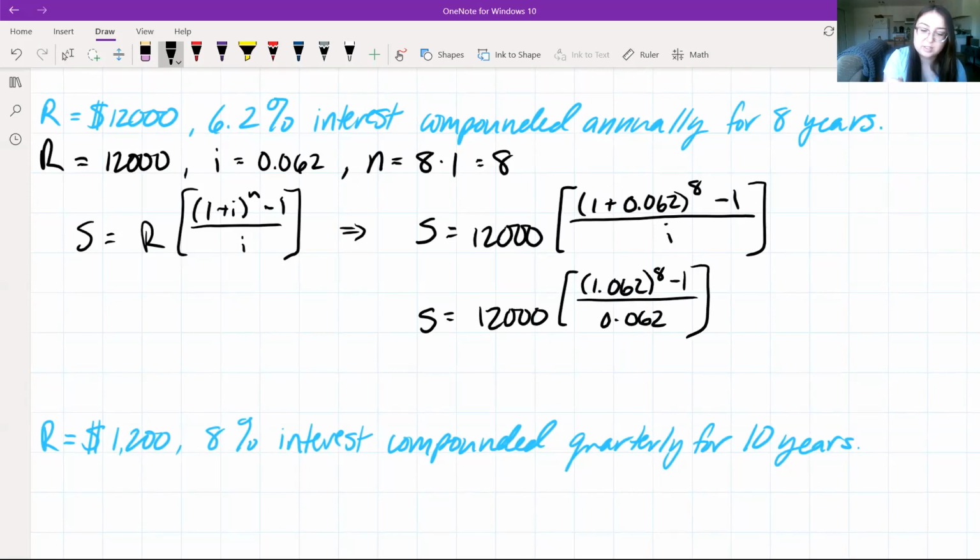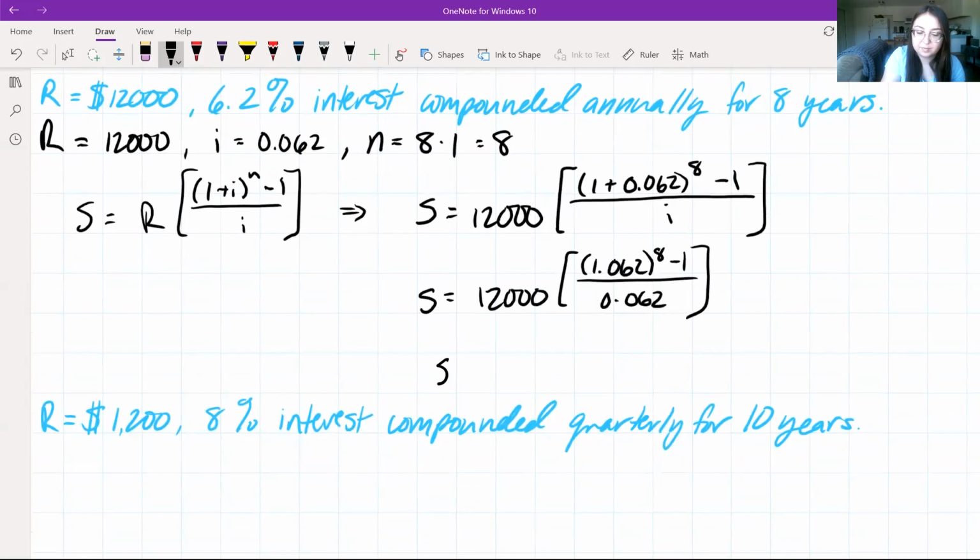I did not write that the first time. So I invite you to pause the video and calculate this value on your own. And if you do, you should have gotten $119,625.61.